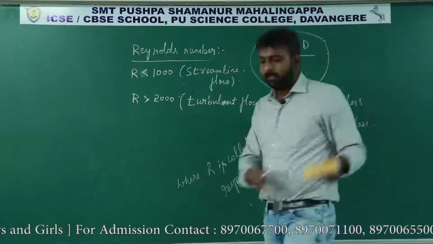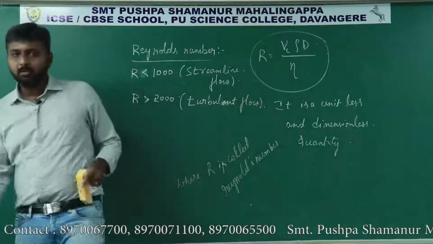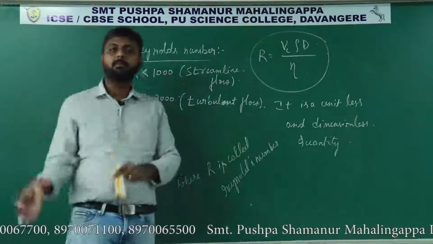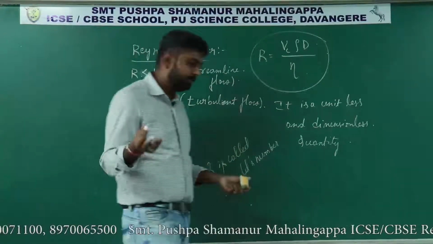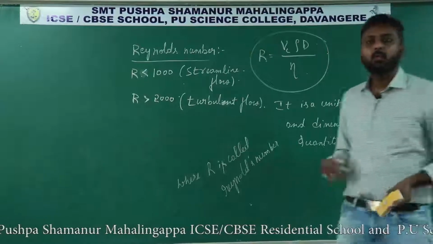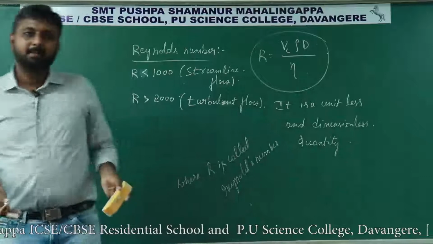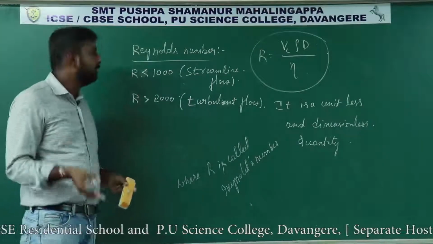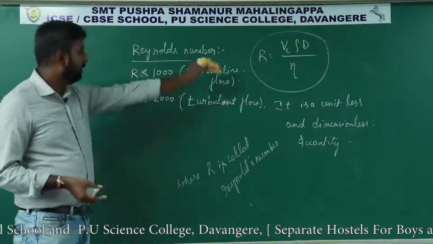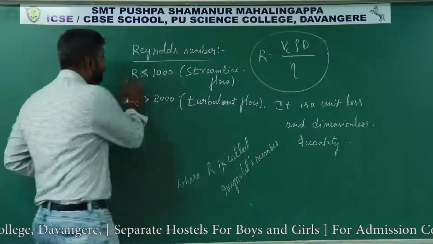Suppose it is streamline, due to surrounding disturbance it may convert into turbulent, or from turbulent it may convert into streamline. That is the case between 1000 and 2000. So for 2 marks they may ask about Reynolds number in the PU exam, remember the expression, and this one.